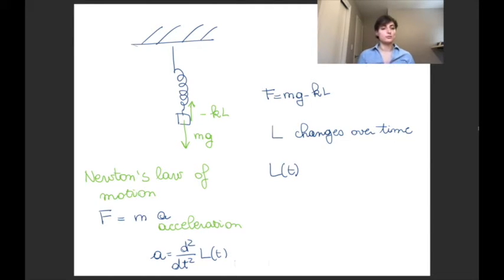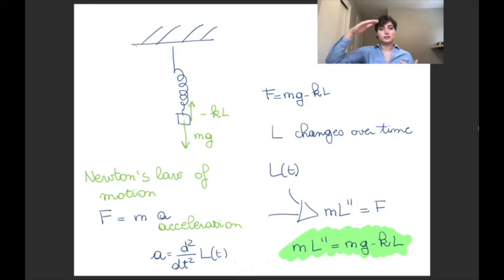But Newton's law of motion says that F equals m times a, where a is the acceleration. So a is the second derivative with respect to t of capital L. But the forces need to match. So we have to write m L second equals F. So m L second equals the force we just created, mg minus kL.